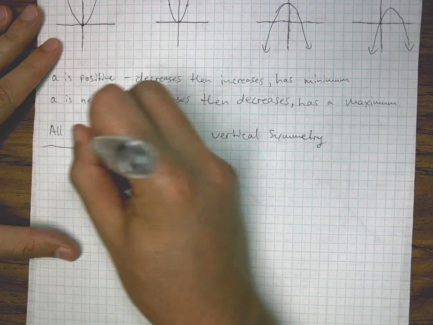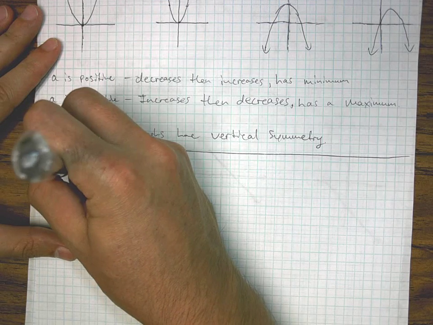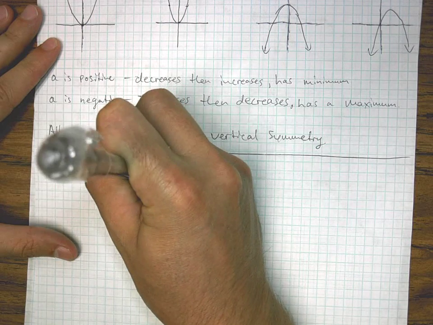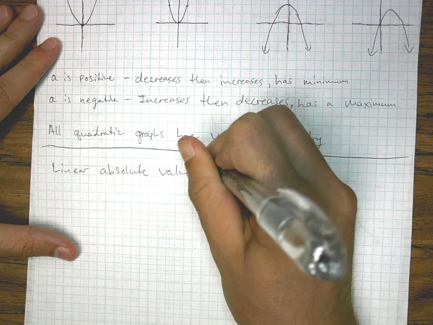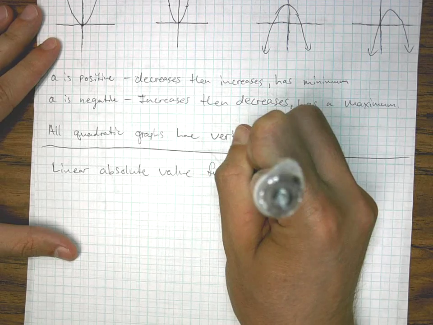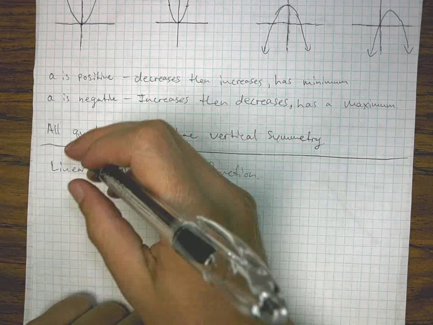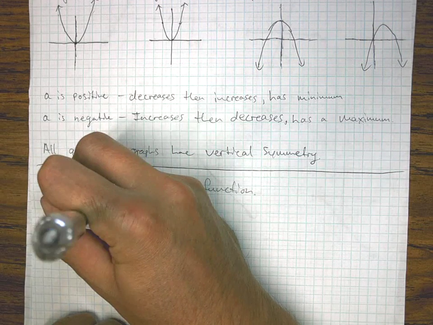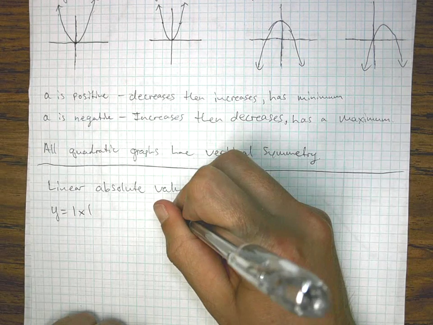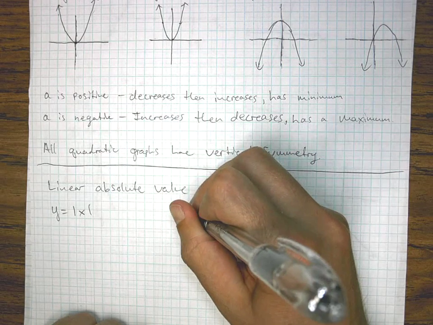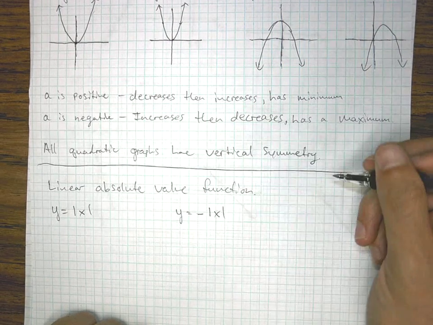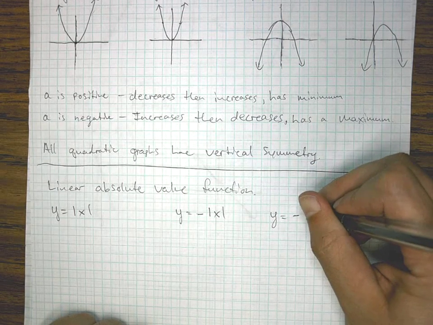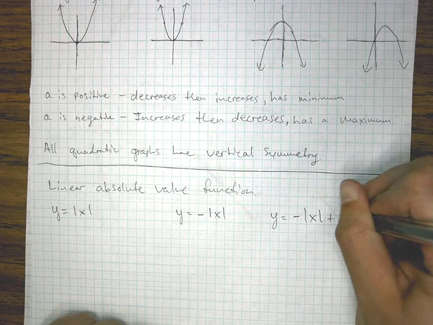Okay, the next kind of function is a linear absolute value function. Okay, and that looks like y equals the absolute value of x, y equals the negative absolute value of x, or y equals the negative absolute value of x plus 2.